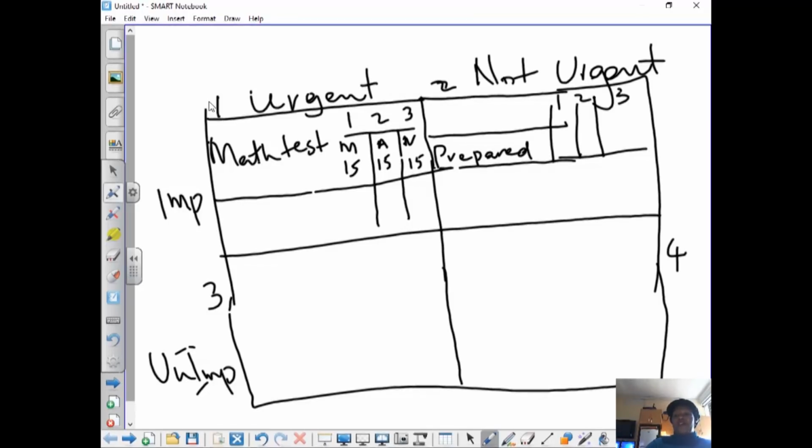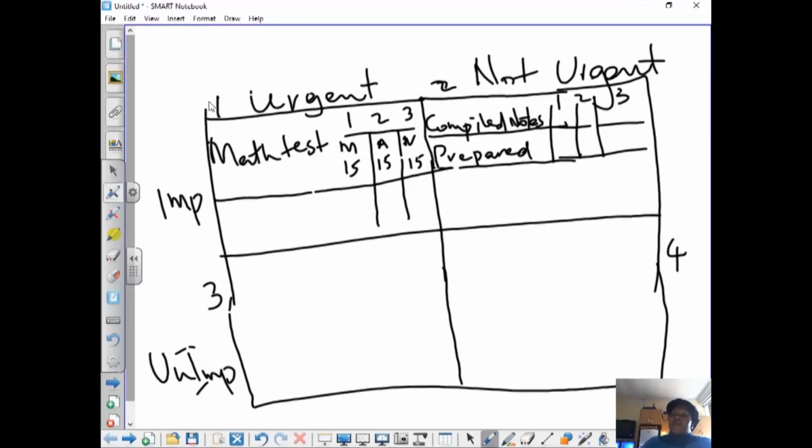What are you going to have here? Maybe you say compiled notes. I have a nice handwriting there. So if your maths test is on the 15th of March, what date should you have compiled notes on your geometry, whatever you are studying?